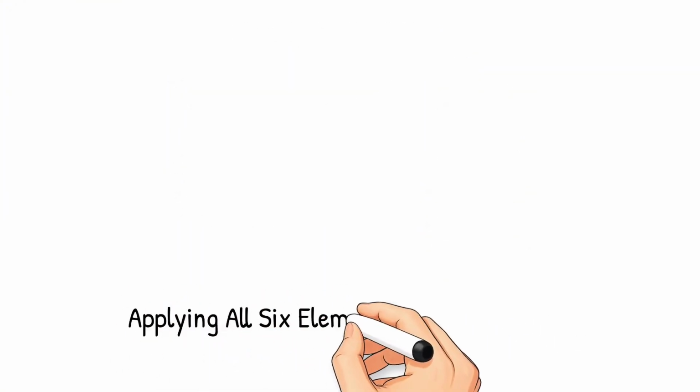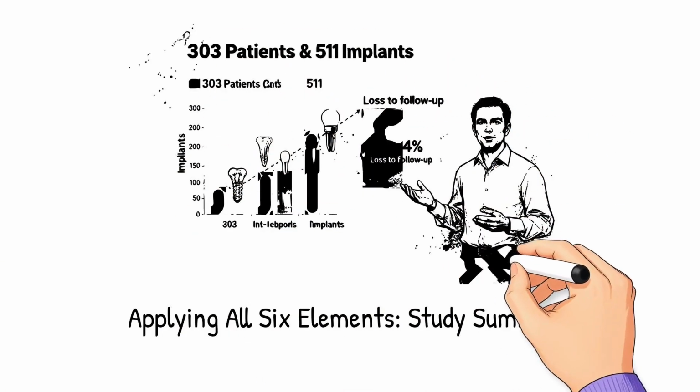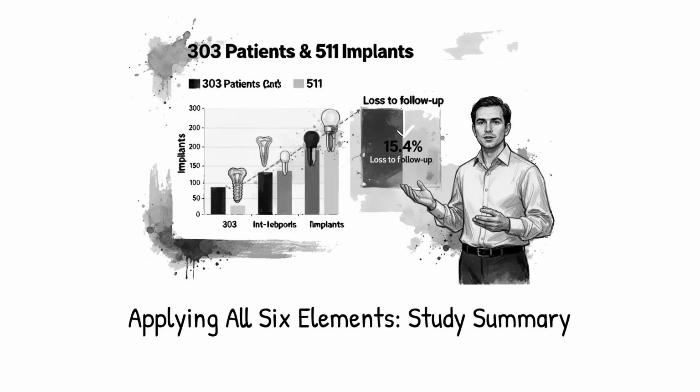So here is what applying all 6 elements gives you: a retrospective cohort of 303 patients with 511 implants. 15.4% loss to follow-up, transparently explained. A relatively healthy, partially edentulous population treated under expert academic conditions.